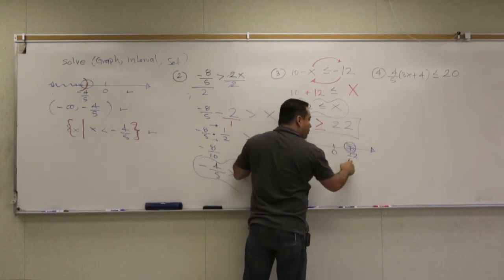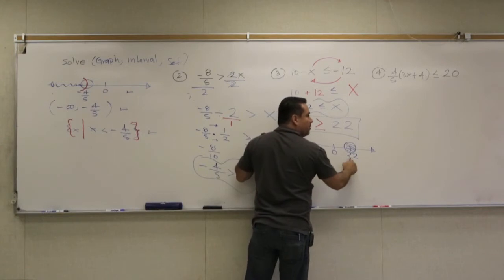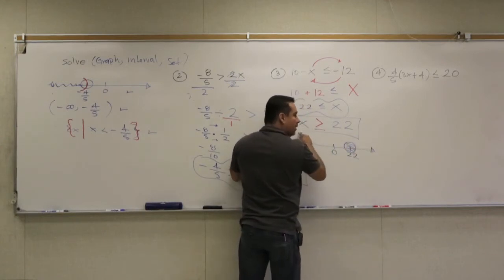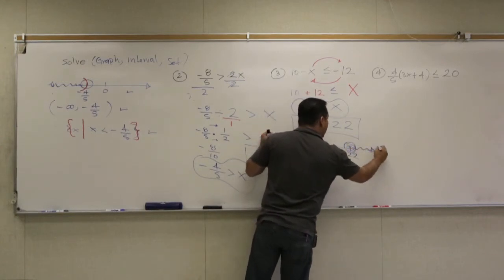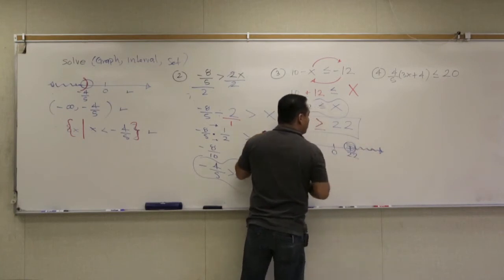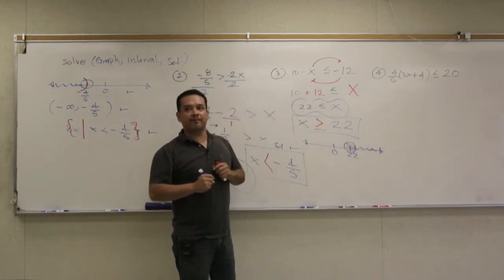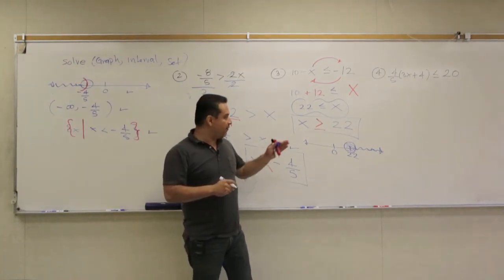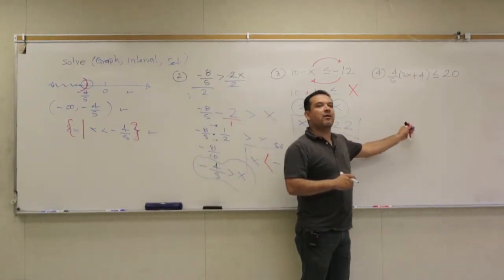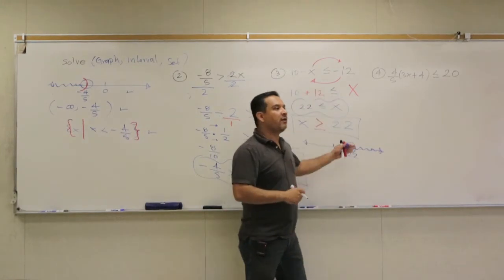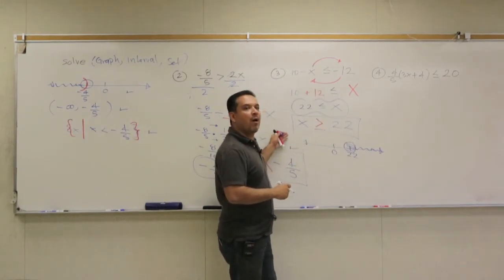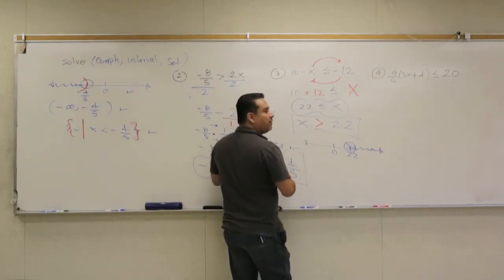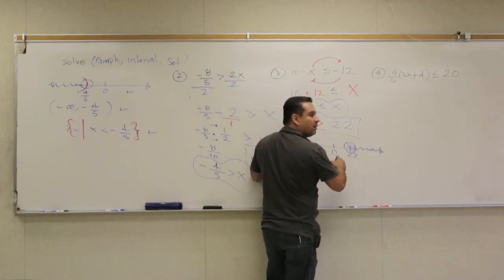Numbers that are greater than 22 live where? To the right or to the left? Right. Shade everything to the right. Here's your graph. So it comes down to that premise, that idea. Remember, the further right you go, the larger the number. The further left, the what? Smaller.